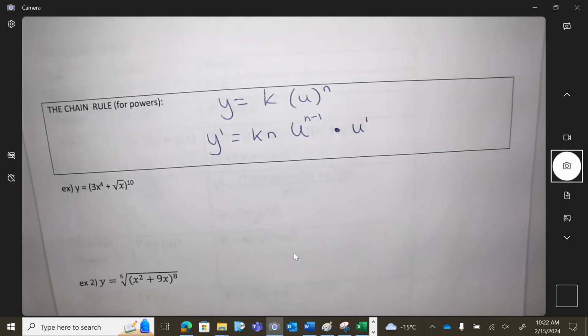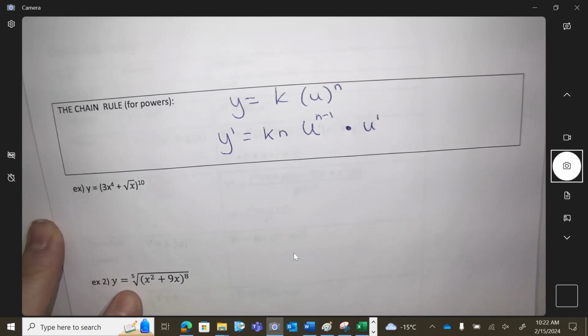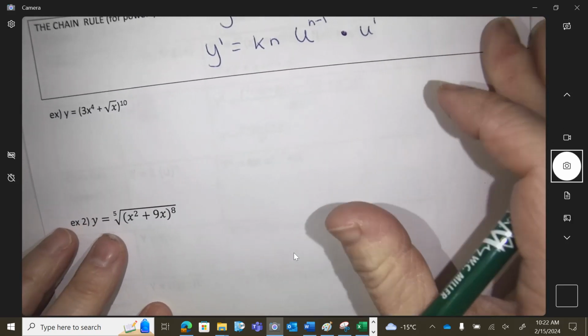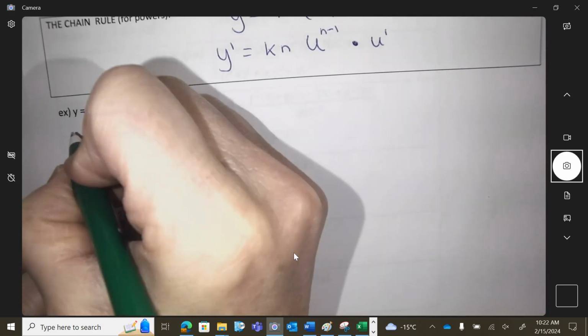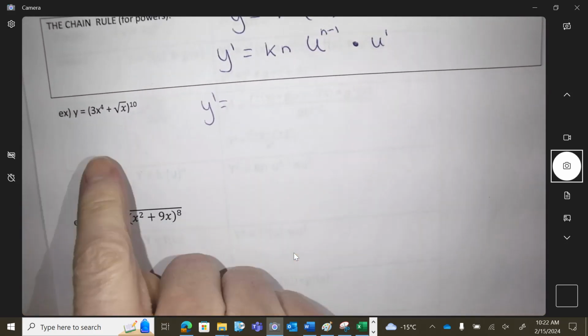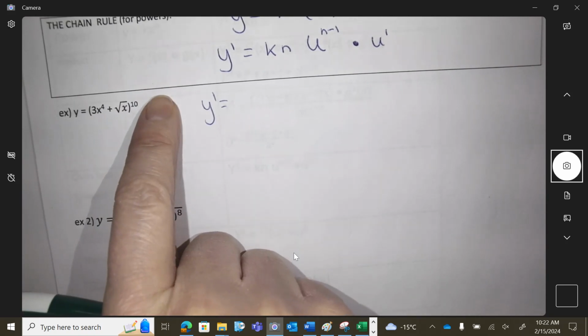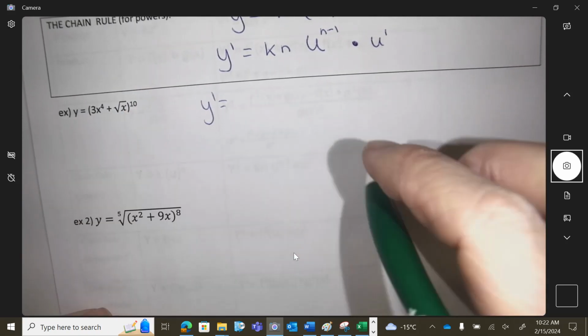Okay, so here's what it's going to look like. Okay, here we go. Derivative of this. What's in front times the top. So there's just a 1 in the front times a 10.